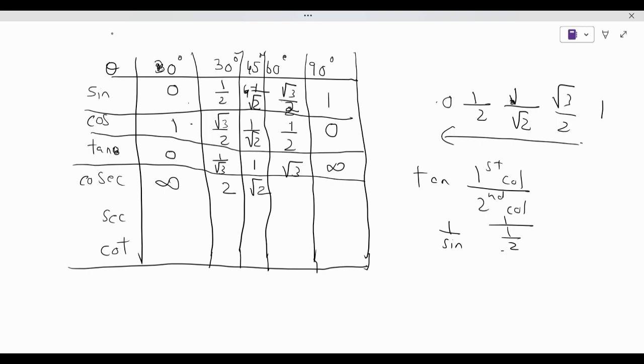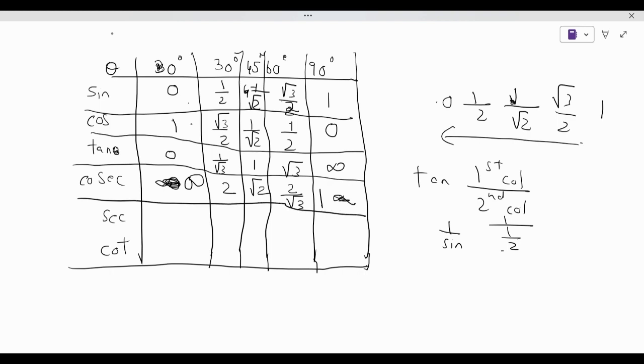Similarly, 1 by root 2 becomes root 2, and root 3 by 2 becomes 2 by root 3. Sorry, my bad, 1 by 0 is infinity, and 1 by 1 will be 1.